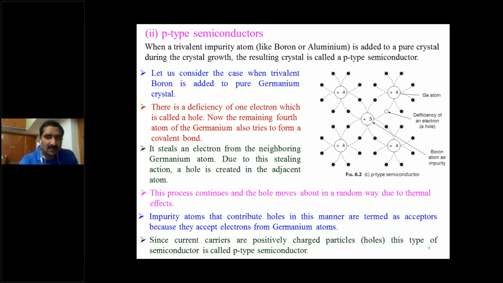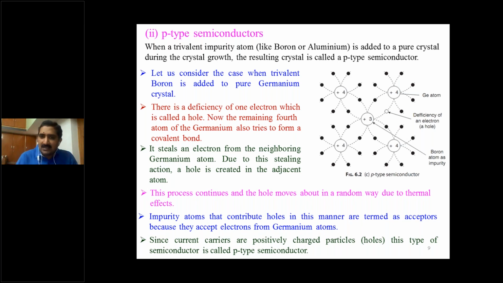In an intrinsic semiconductor, both electrons and holes are equal. Remember that. In an intrinsic semiconductor, the number of available electrons in the conduction band is equal to the number of holes available in the valency band.